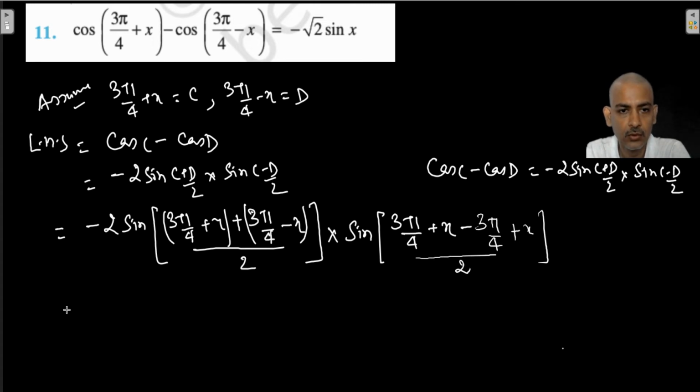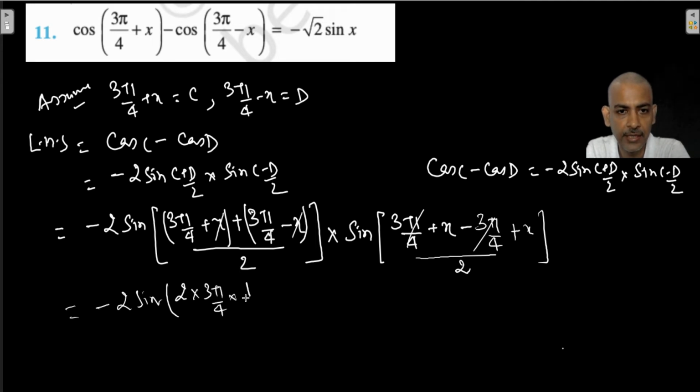Now when you look at this expression, 2 of sine of this 3 pi by 4 plus x, and then there is minus x, so this x and this x will cancel out, and here 3 pi by 4, 3 pi by 4 will cancel out. So here you will be left with one 3 pi by 4 here, two 3 pi by 4. So you will write 2 into 3 pi by 4, and whole thing is divided by 2.